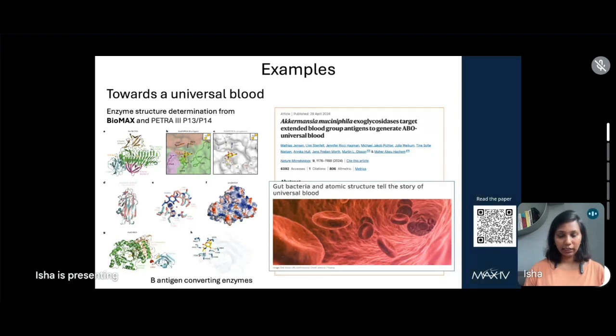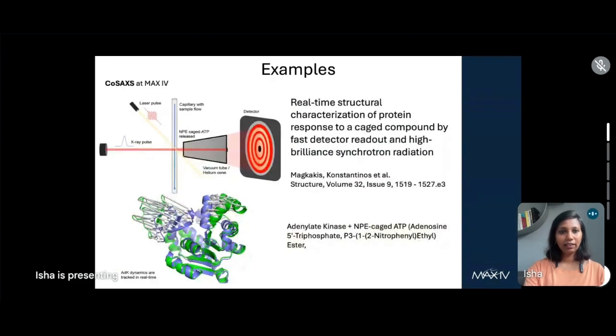O negative is the universal blood donor, we know. What they did is they found an enzyme, an exoglycosidase, which can take away the antigen on your blood cells, and then you can actually generate universal blood for donation to anybody, which was very cool. The structure of the enzyme was determined here at BioMAX, at MAX IV, and also at PETRA III. So there are complementary techniques at other synchrotrons.